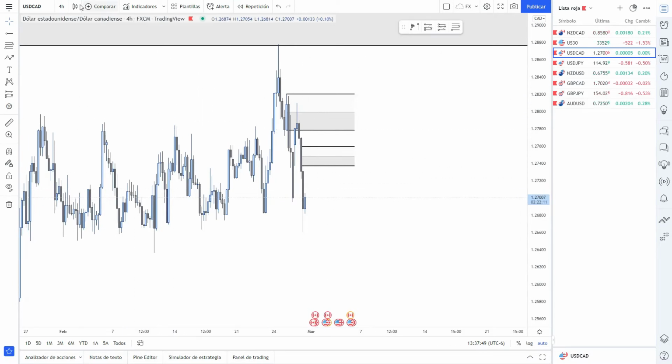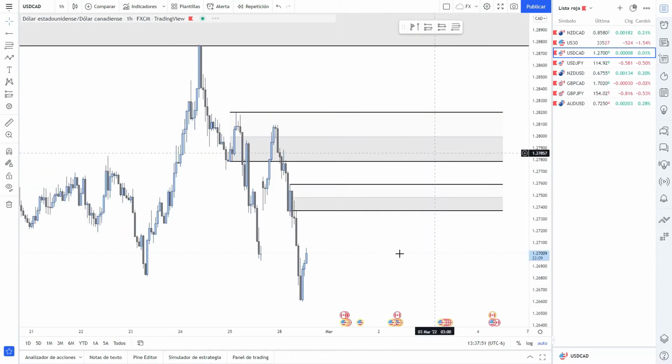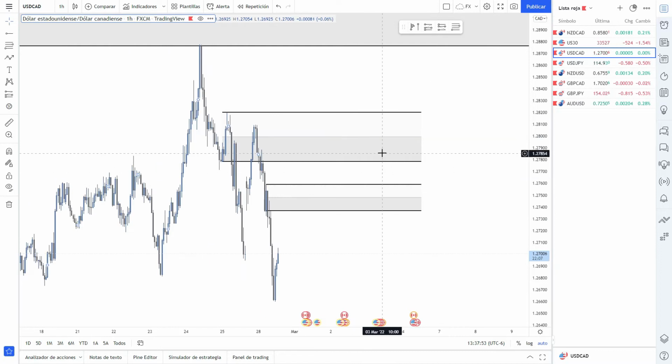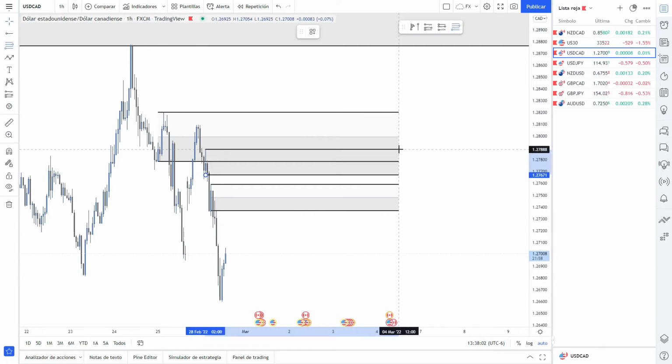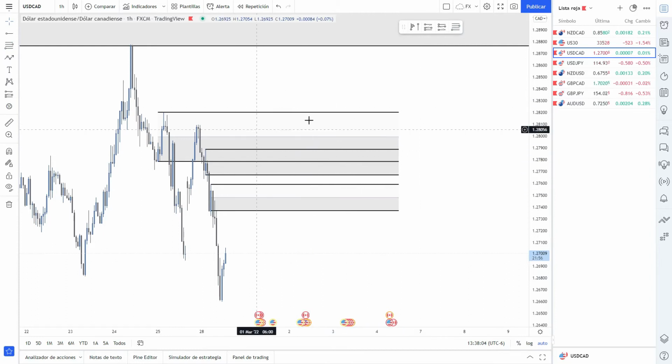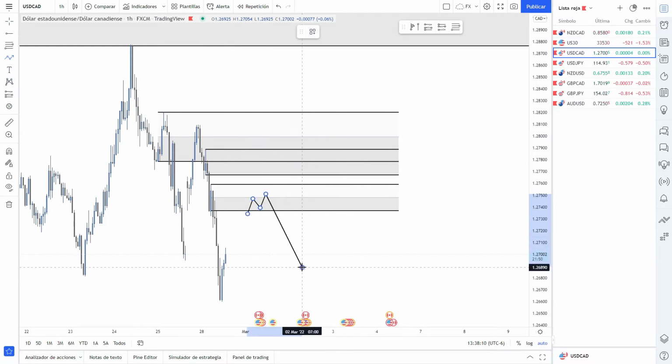So when we check our 1-hour time frame, we have some very nice supply levels. We have this supply level here. We also have this other supply level in the 1-hour time frame nested in our 4-hour supply level. So here's where we can be looking for short positions, as long as we see some liquidity grabs or breaks of structure in lower time frames.